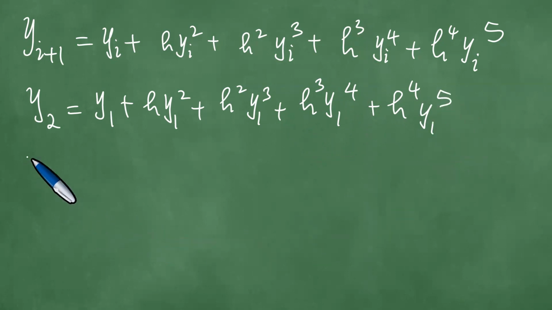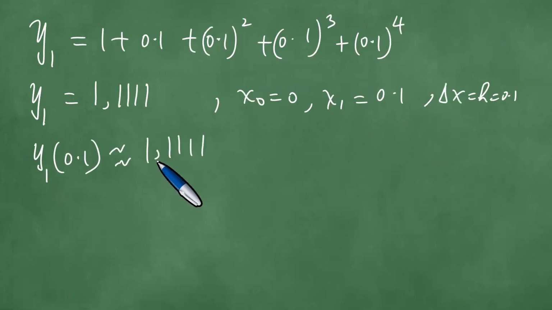Okay, right. So at this point, what are we getting? We're getting y2. So we have y1, which is 1.1111.